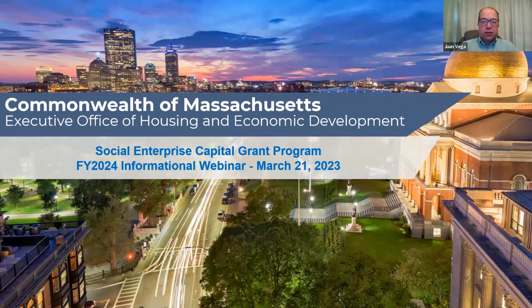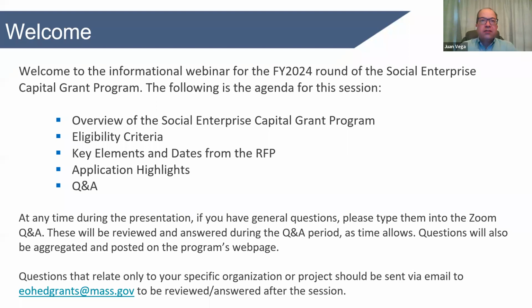In the next slide, we want to provide an overview of the Social Enterprise Capital Grant Program. We'll walk through some of the eligibility criteria, the key elements and dates from the RFP, highlights of the application, and we will be providing a question and answer period as time allows.